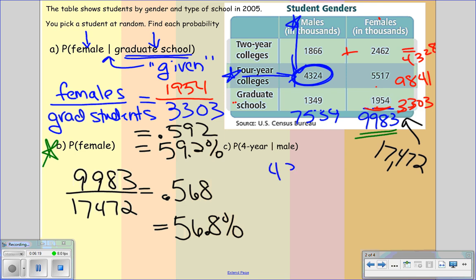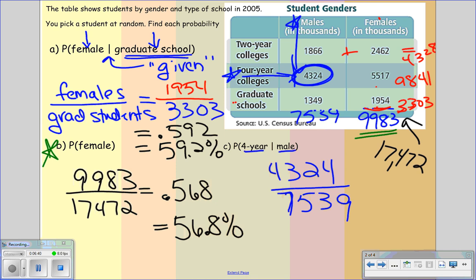So we got 4324, and then, of course, it's going to be out of the total number of males. Remember, we want to stick with just the males, not the entire population. It's almost like this is your numerator, this is your denominator.